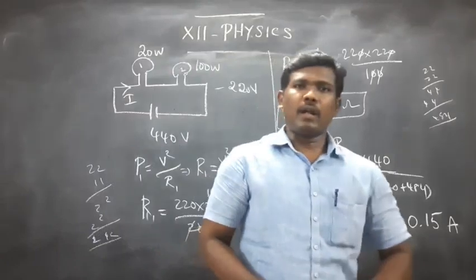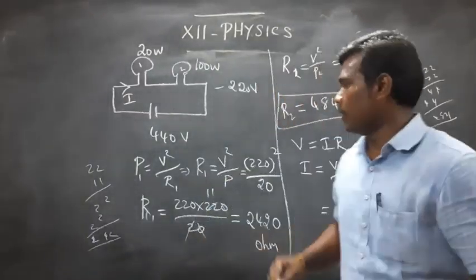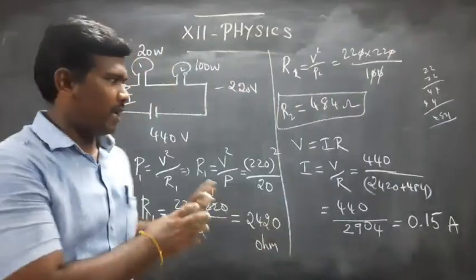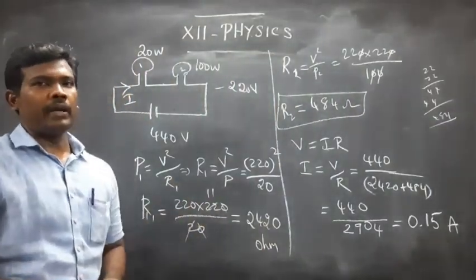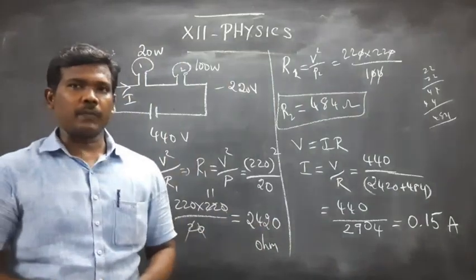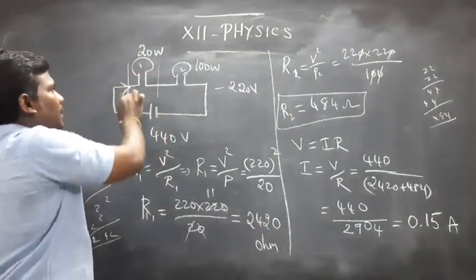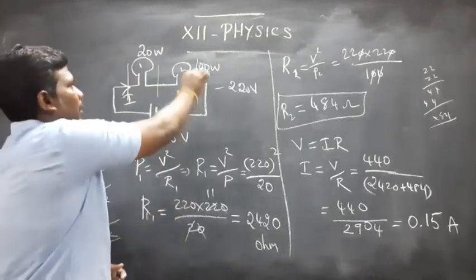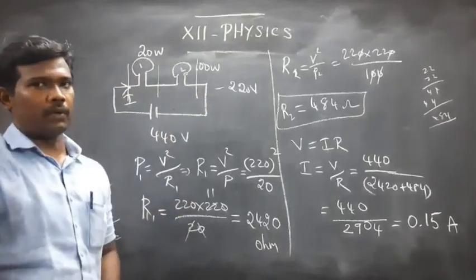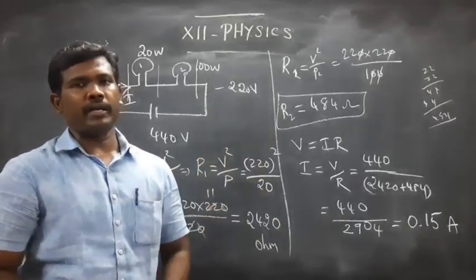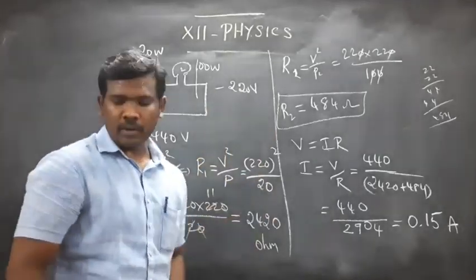So we already calculated R1 and R2, and now we have calculated the current passing through the circuit. Using these three values, we are going to calculate which bulb gets fused. Separately, we calculate the potential difference across bulb 1 and across bulb 2. If it exceeds 220 volts, definitely it gets fused.